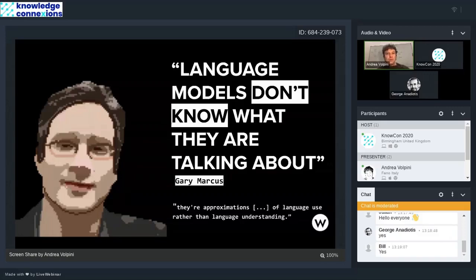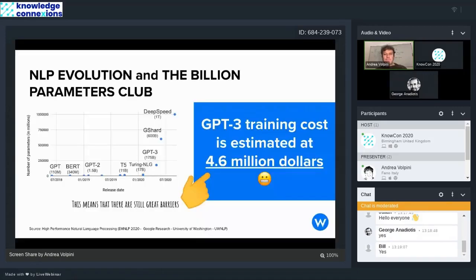We've seen progress of language models that have a super high number of parameters, and inside a language model, the parameters identify the complexity, and it's also representative of the enormous amount of data that is used for creating these models.